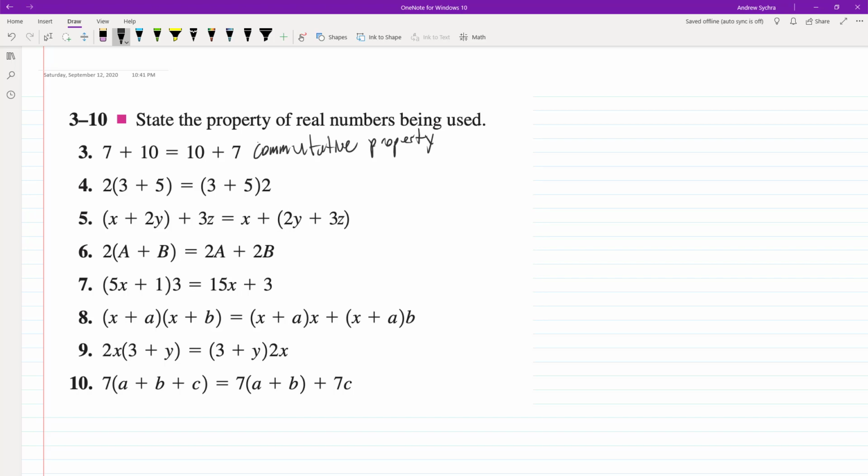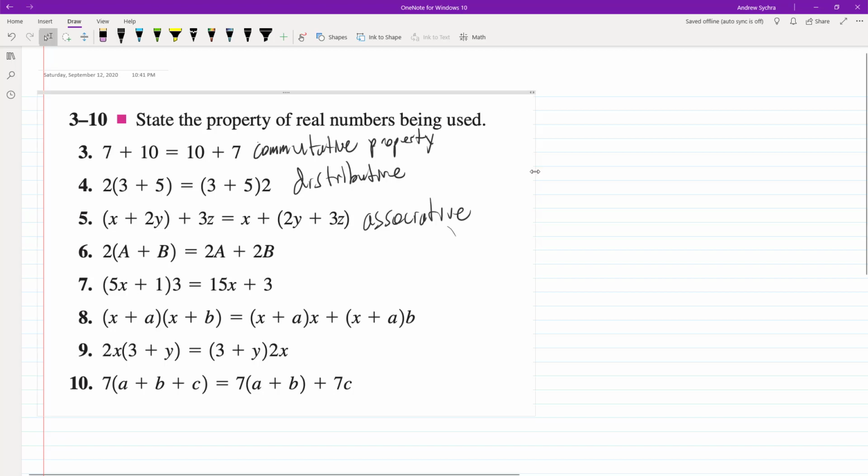This is going to be the distributive property. It's associative because it doesn't matter how you add these. Even though you will perform whatever is inside the parentheses first, it doesn't matter how we do that.